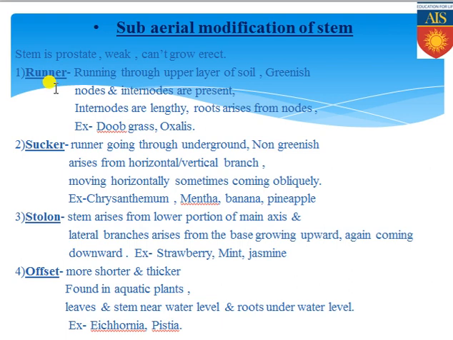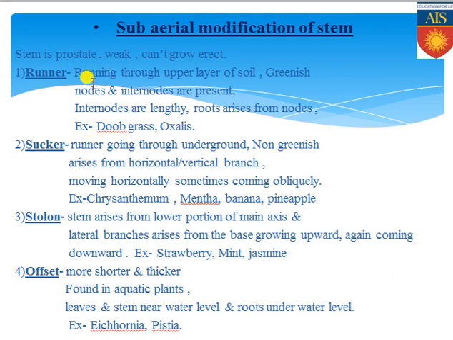First of all, if you see the runner, the name is given because the stem is running through the upper layer of the soil, and commonly they are greenish in color. Keep it in your mind, nodes and internodes are present at regular intervals. Internode portions are lengthy and roots arise specifically from the node regions. As examples, doob grass or oxalis are examples of runner.